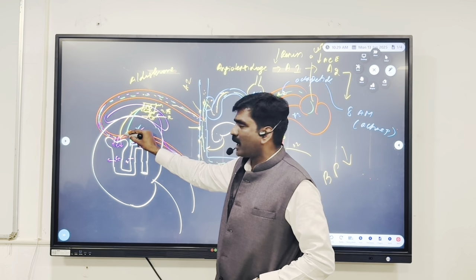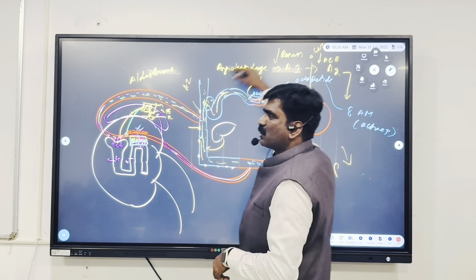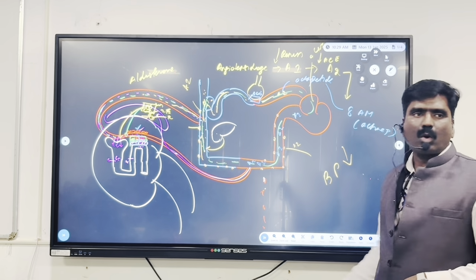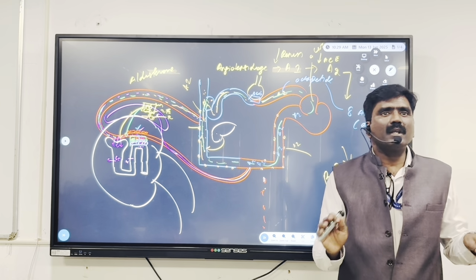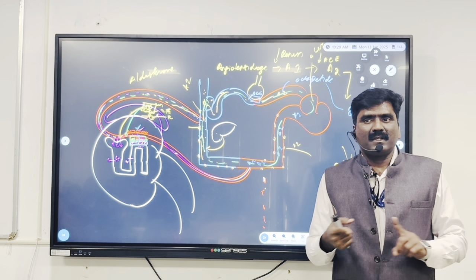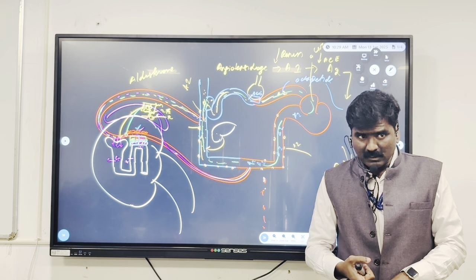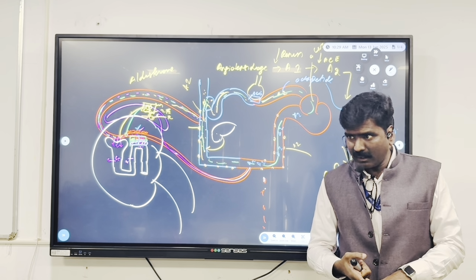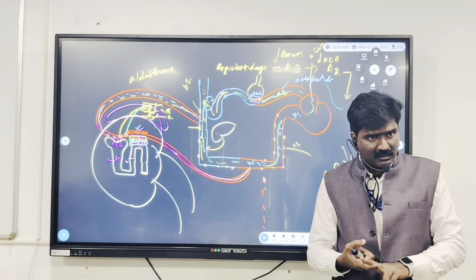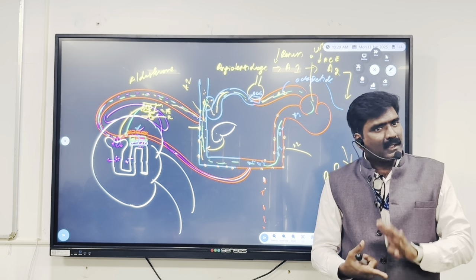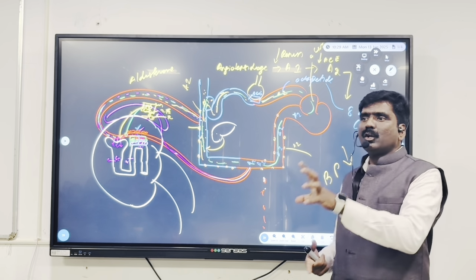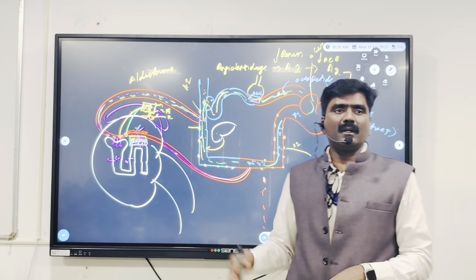Now aldosterone is circulating throughout the body. Are you clear? Yes. First angiotensinogen, then angiotensin 1, angiotensin 2, and now aldosterone circulating in the body.